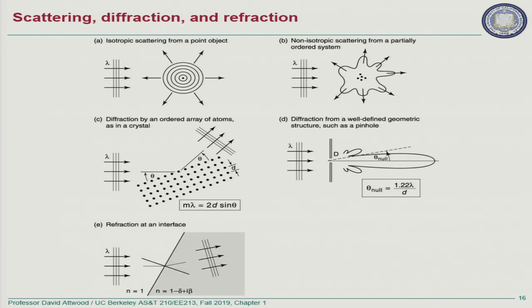And also, refraction. That's one probably most of you are familiar with: the angle of light going from a medium with one speed to a medium with another speed. If it's going at an angle, the angle will change.